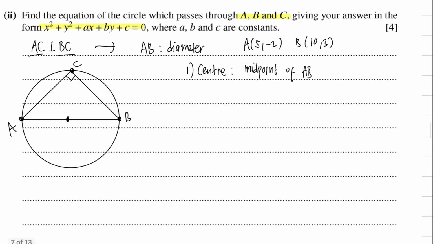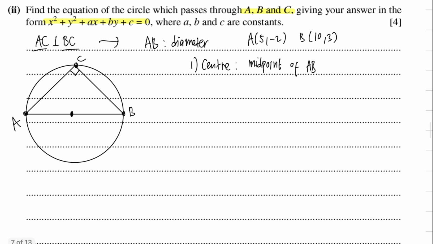So the midpoint, you just take the average of the x values. You add 5 plus 10 divided by 2, and the y, -2 plus 3 divided by 2. So the midpoint will be (15/2, 1/2).